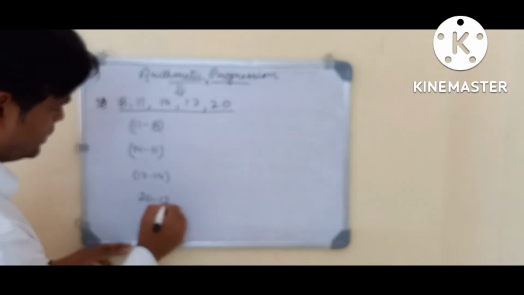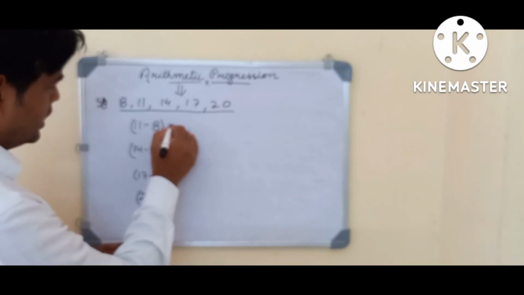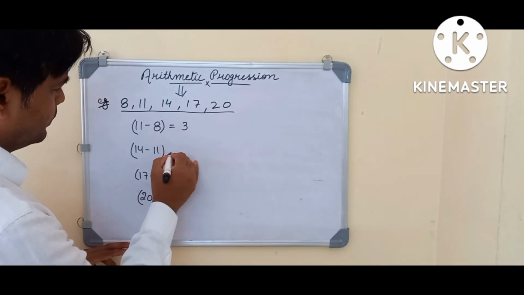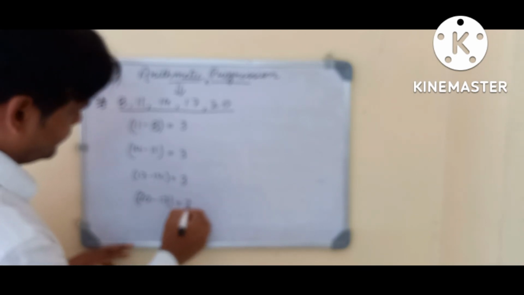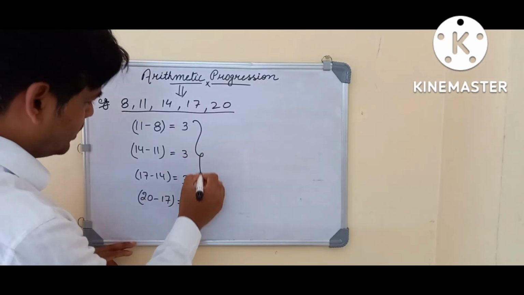Let us see. 11 minus 8, that is 3. This was the difference that we were talking about.